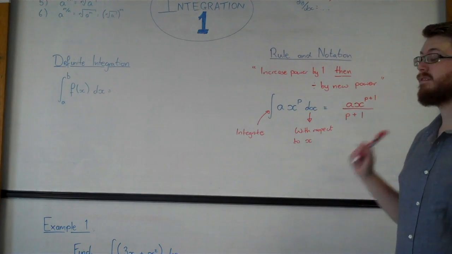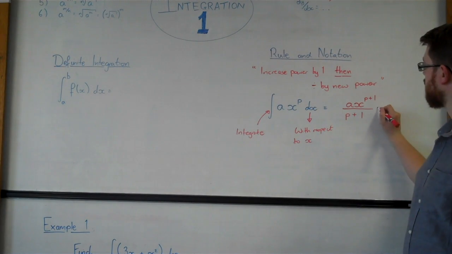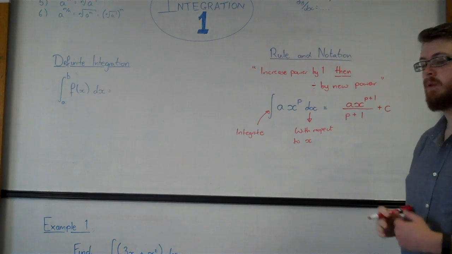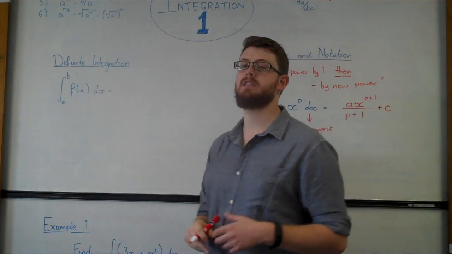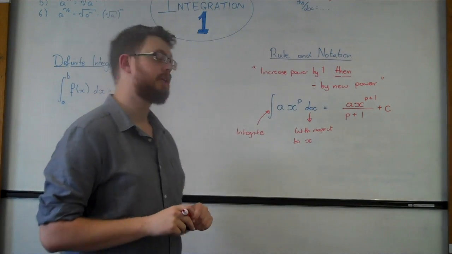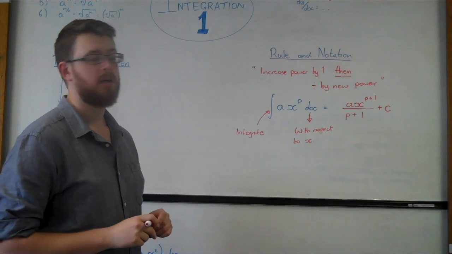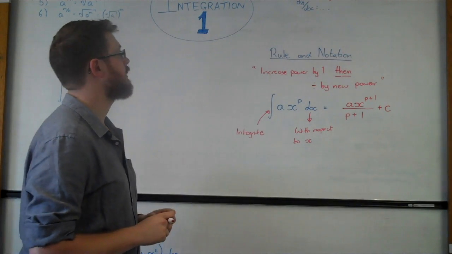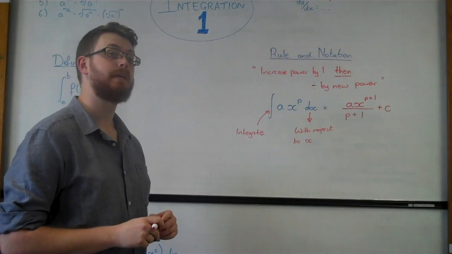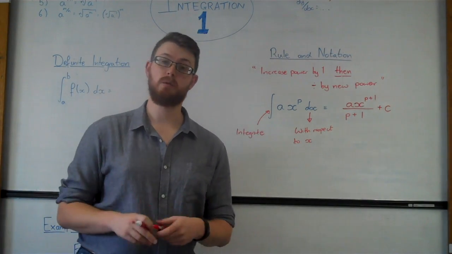But there's also something very important that you need to remember with integration, and it's a plus c. We call this the constant of integration. And when you're integrating without numbers on the integral sign, it needs to be there. We'll look at why in integration 2 when we get onto a part of integration which is called solving differential equations.